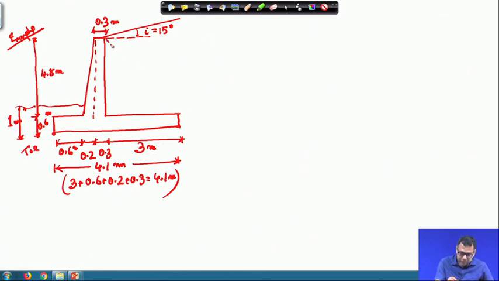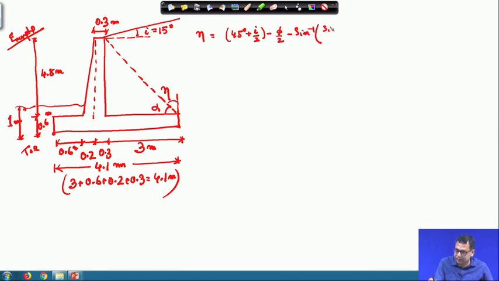As I mentioned, this is the line and this is alpha and this is xi, and the xi expression is given as 45 degree plus I by 2 minus phi by 2 minus sin inverse of sin I divided by sin phi.